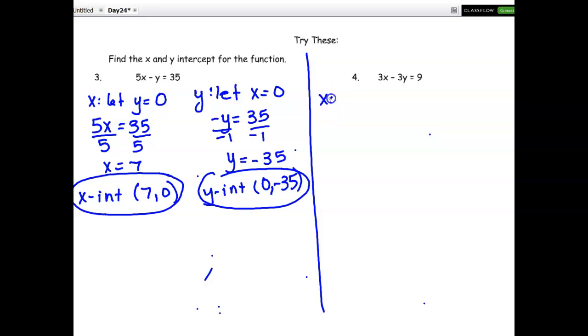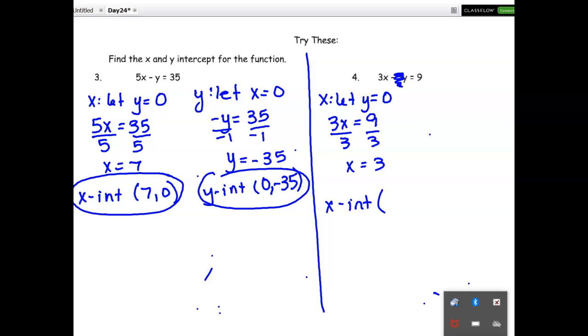Okay, my x-intercept, I let my y be 0. When I do that, sometimes I just like to cover up this term right here, and I think of 3x is equal to 9. Okay, when I divide by 3, x is equal to 3. So my x-intercept would be 3, 0.